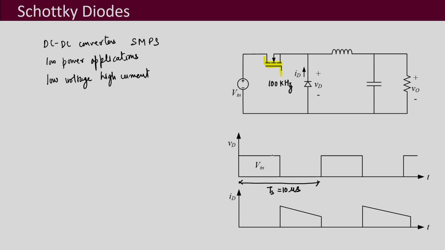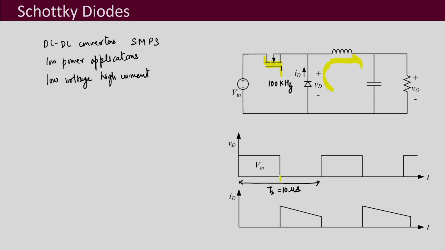This is the voltage waveform across this diode. When the switch is on, the diode is blocking the input voltage, and the diode starts to conduct when the switch is off, and this is the current the diode is carrying when the switch is off. That means the diode has to carry the inductor's current when it turns on.